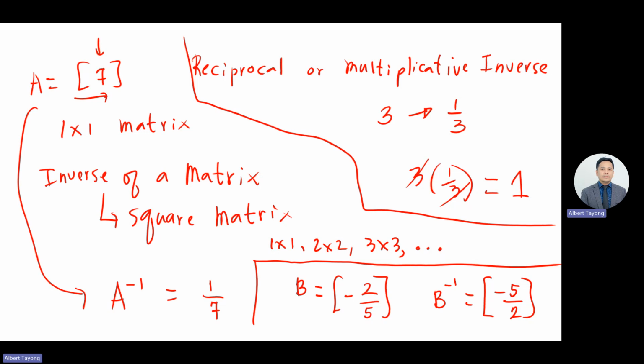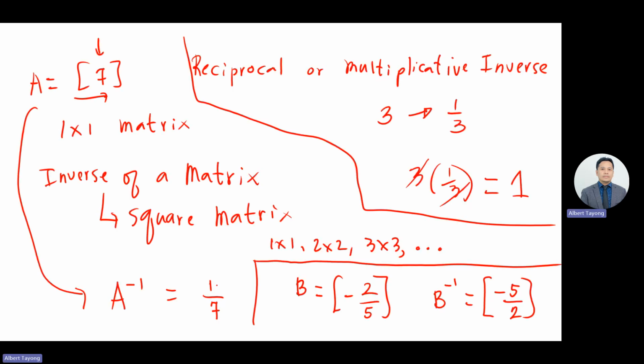If we multiply -2 over 5 and -5 over 2, the answer is equal to 1. This process becomes more complicated as we increase the dimension of our matrix. When I say dimension, that is the number of rows and number of columns, like 1 by 1, 2 by 2, and so on. So let's try a matrix which is 2 by 2.